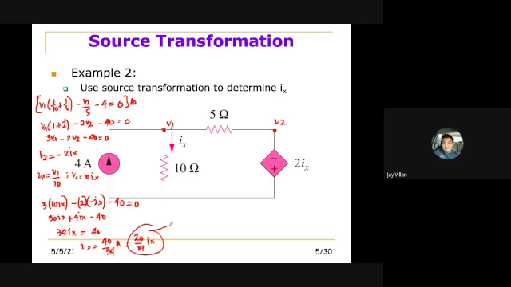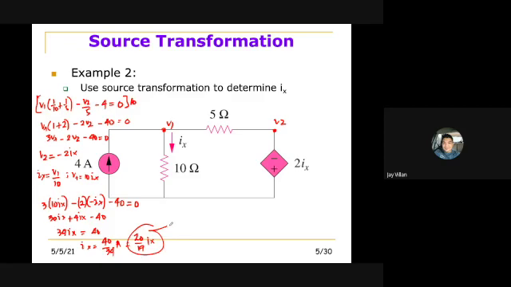So this just shows that when the circuit is oversimplified, it doesn't matter whether you use nodal analysis, the direct approach, or source transformation. But you will appreciate this more if the circuit is more complex, because you can simplify it further.